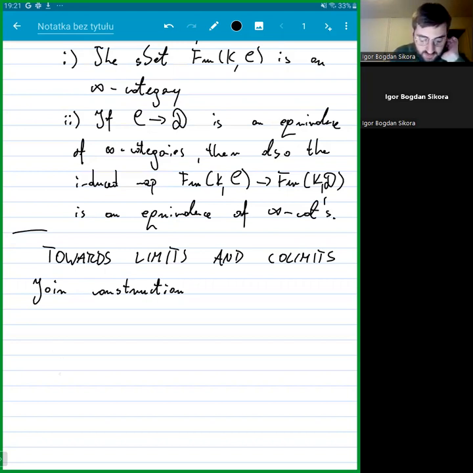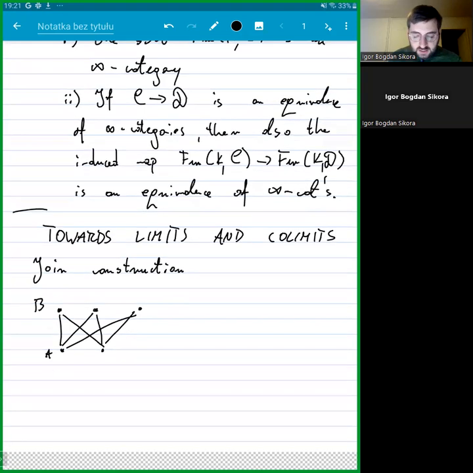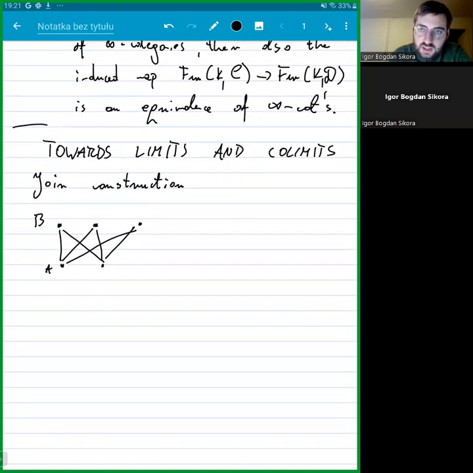If we have two spaces, A and B, then the join of these two spaces is the space where every point of A is connected by a path to every point of B. So we get something like this. Exactly. We can also have such a construction for categories.